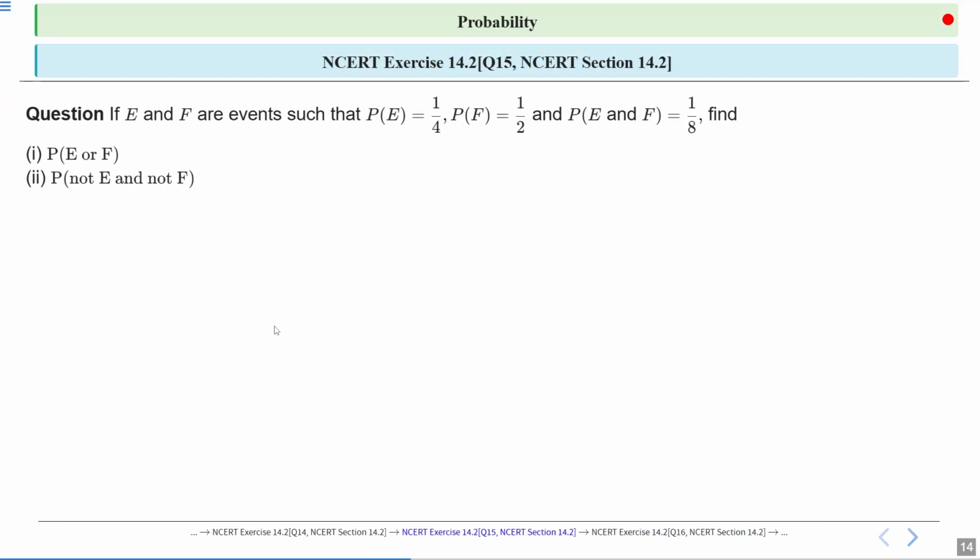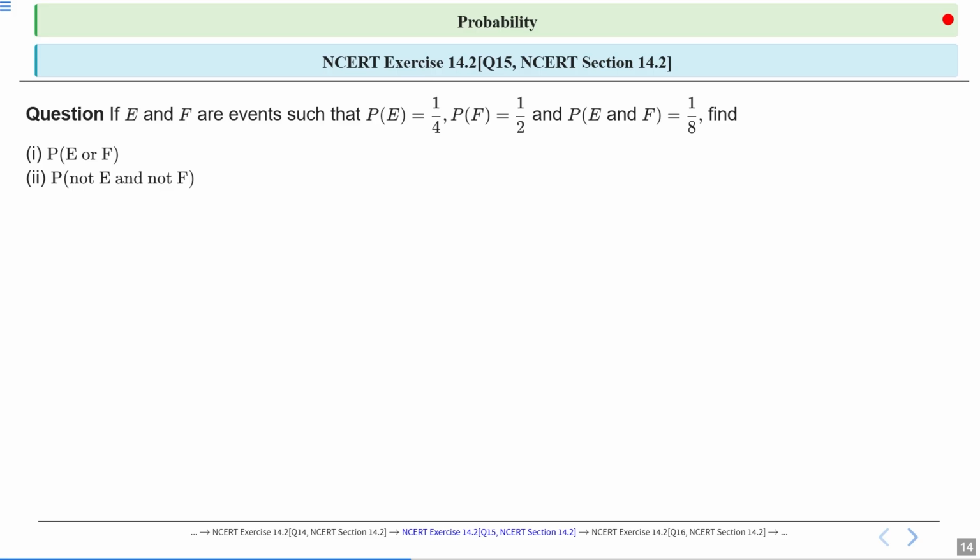Read the question very carefully, okay, and then answer the question. In this question we have given that E and F are events such that probability of E is 1 over 4, probability of F is 1 over 2, and probability of E and F is 1 by 8.